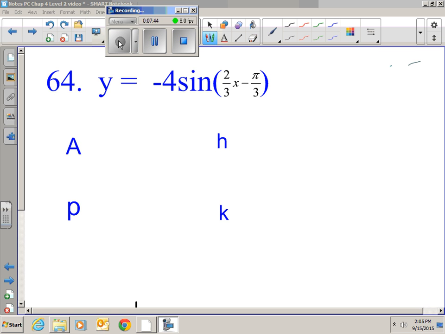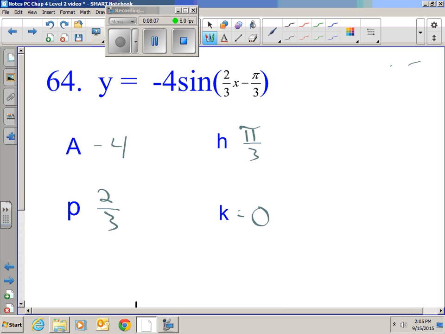Okay, looking at this last one, this is definitely quite a tough one. My A is -4. Okay, my P in this case is 2/3. I do have a horizontal shift. Okay, my H, the unfactored form is pi over 3, and we'll figure out what that means in a minute. And my K is actually nicely 0.